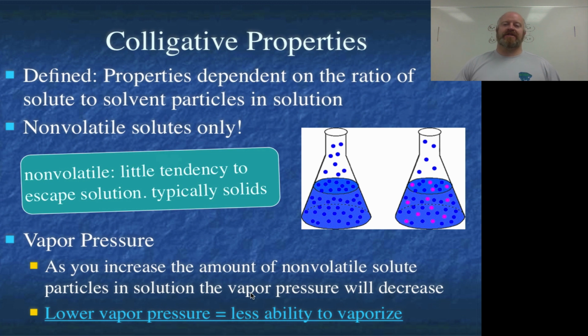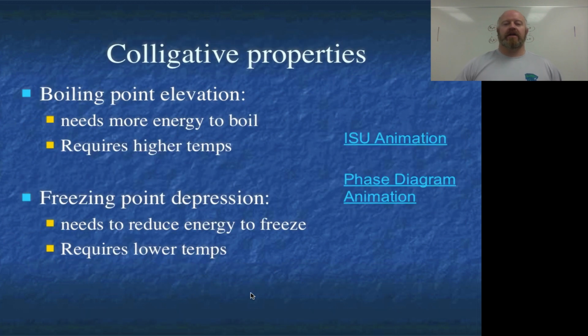As you add solute particles in there, they get in the way of the hydrogen bonding and block the ability of the water molecule to generate vapor pressure. Because they block that ability, the vapor pressure of that solution actually goes down. The result is two key things: the first is a boiling point elevation, and the second is a freezing point depression.